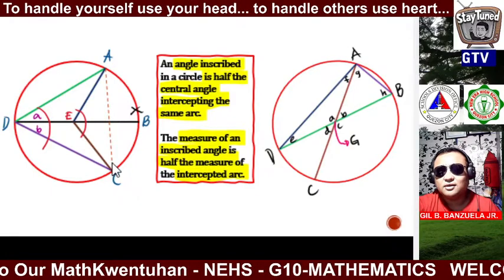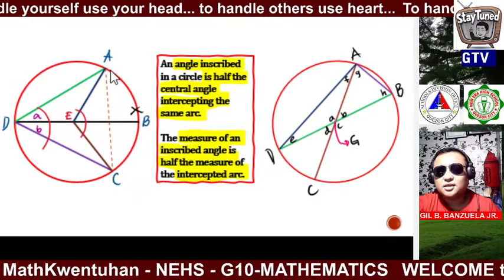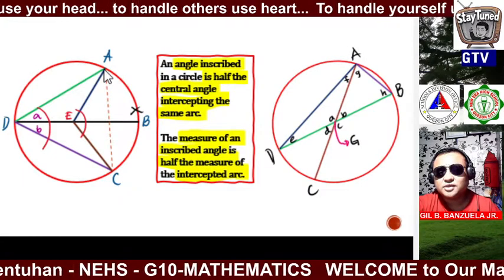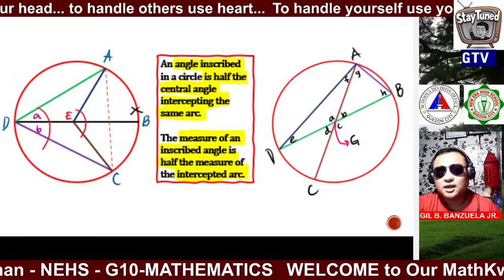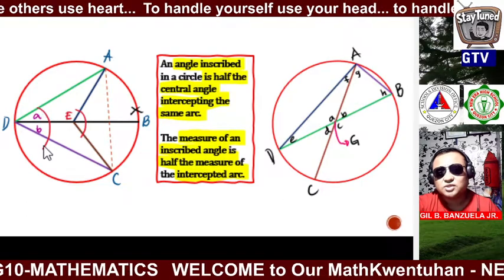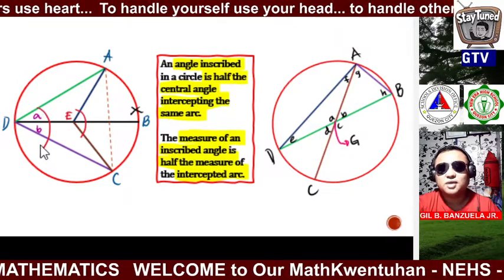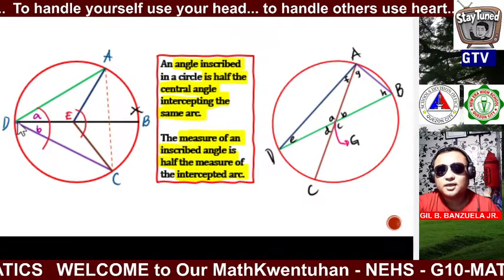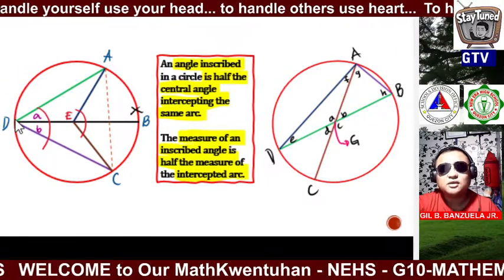Ayan, no? Pero it so happened that this arc, which is arc AC, is intercepted by another angle, which is angle ADC, na isang inscribed angle. Bakit siya inscribed angle? Kasi yung parts niya ay dalawang chord and yung vertex niya is on the circle.